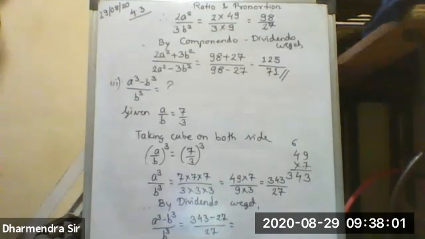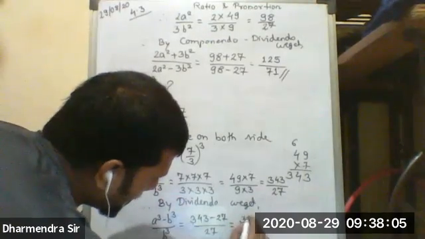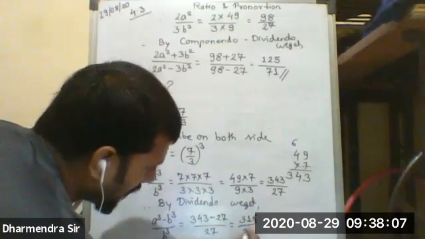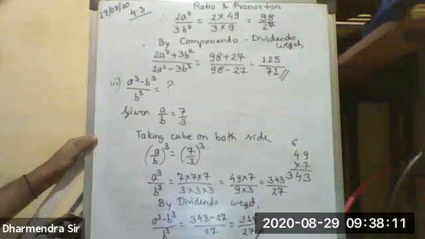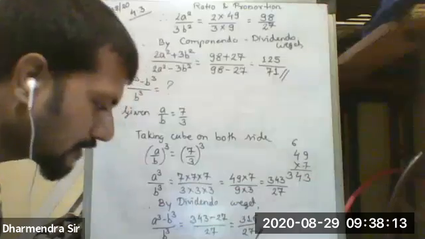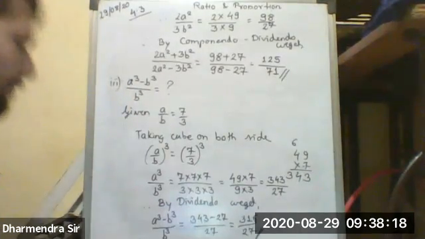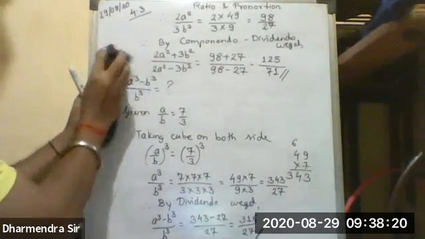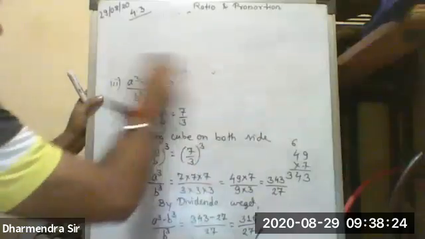Answer is 316 divided by 27 as it is. So this is the answer for the third sub question. And last, that is the fourth sub question of question number 1.